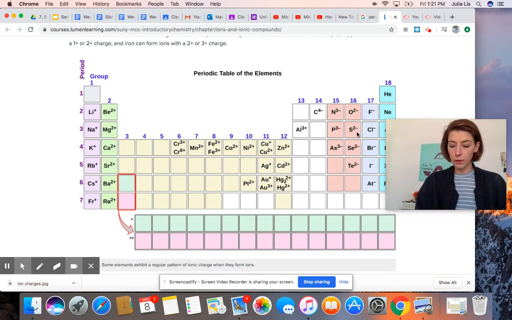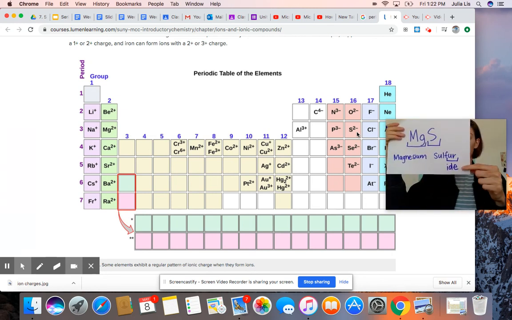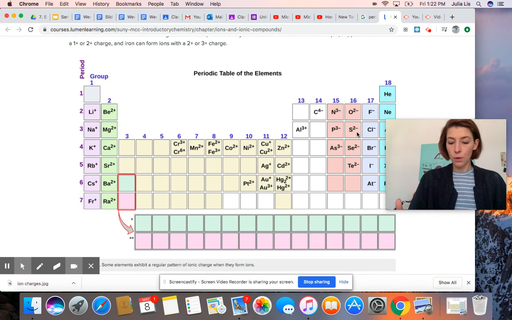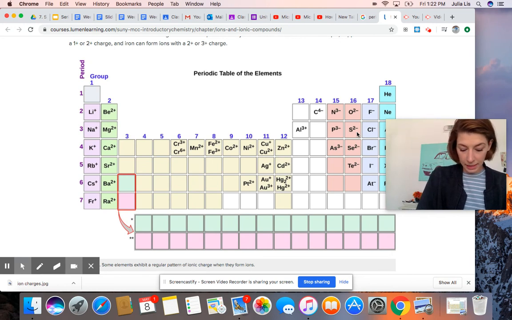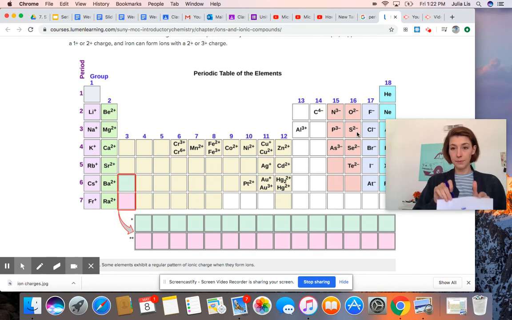Now the third rule is that I change the ending to my nonmetal to IDE. So it goes from sulfur to sulfide. So the full name will be magnesium, that's my metal, sulfide. Okay?